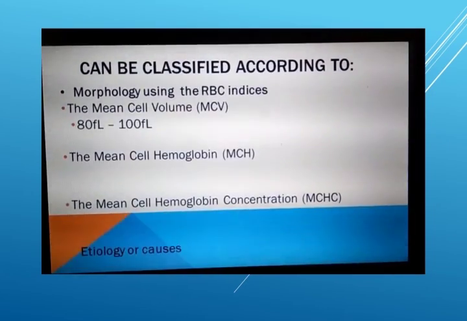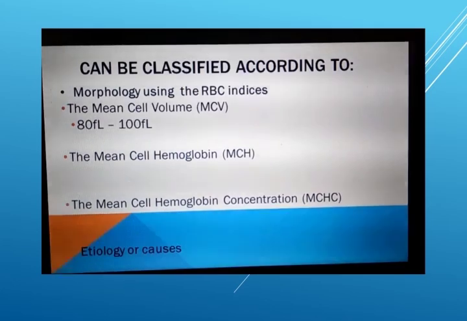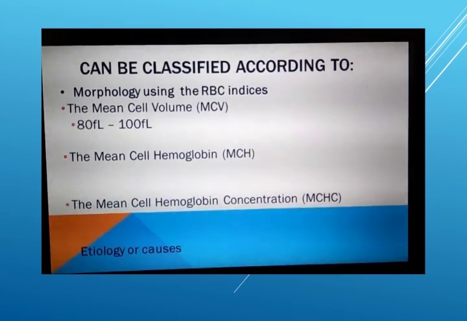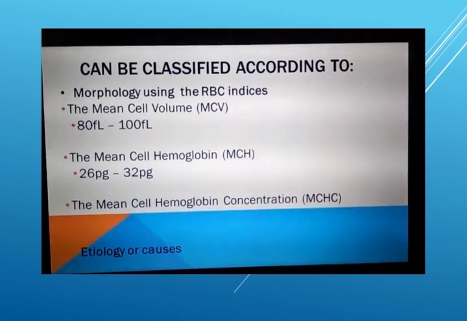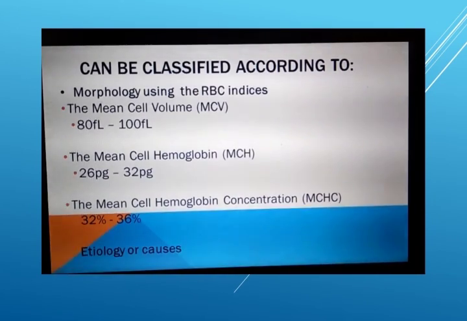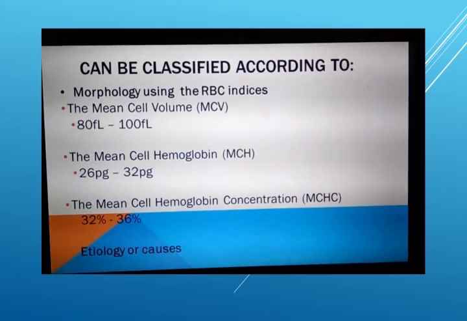The normal mean cell volume of a normal red blood cell is 80 femtoliters to 100 femtoliters. For the mean cell hemoglobin, we have 26 picograms to 32 picograms. For the mean cell hemoglobin concentration, we have 32% to 36% in normal value.